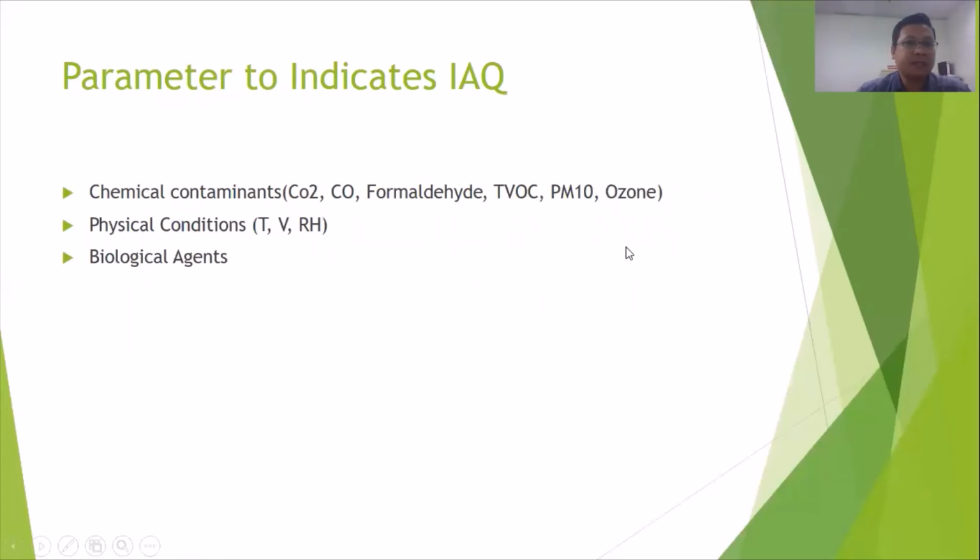So the parameters to indicate indoor air quality are: chemical contaminants, like CO2, CO, formaldehyde, PFOS, PM10, and so on. Physical conditions: temperature, and then the volume.